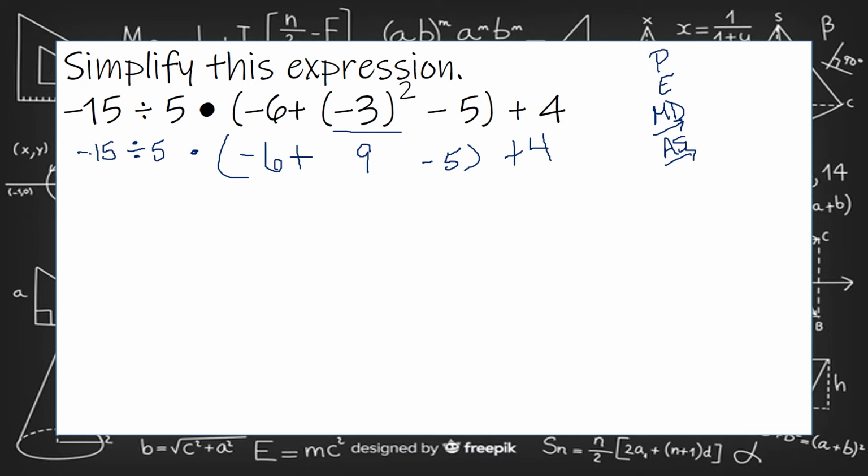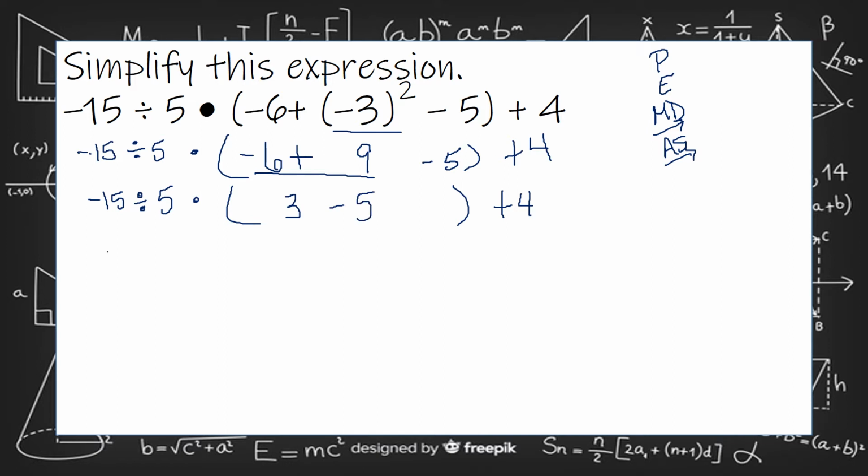So I've written it all down again. We're still working in our parentheses, so I'm going to rewrite this again and go from left to right. Negative 6 plus 9 gives me 3.